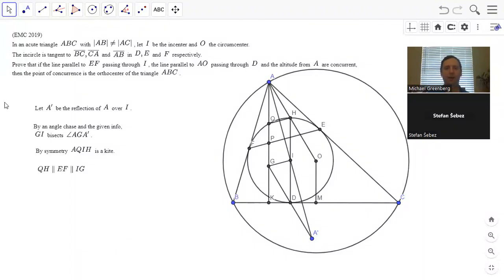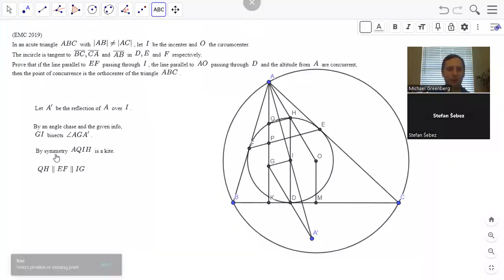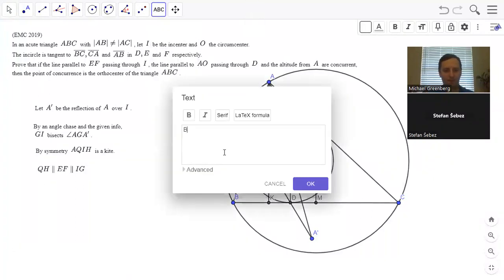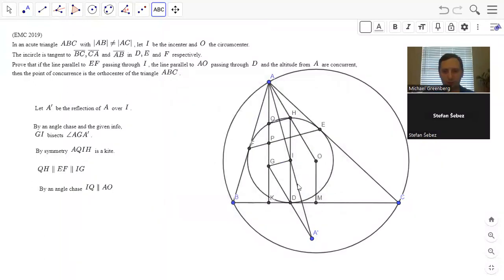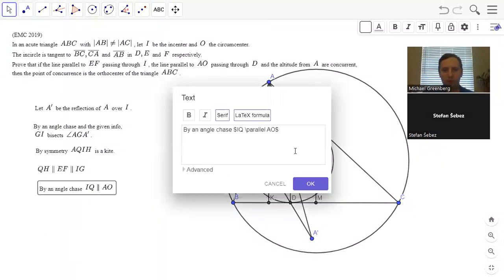Okay. So by an angle chase, IQ is parallel to AO. And that implies Q is the midpoint of AG. That means that AG equals OM.